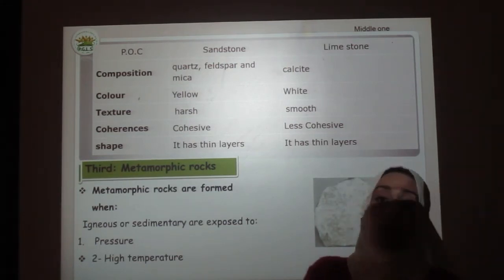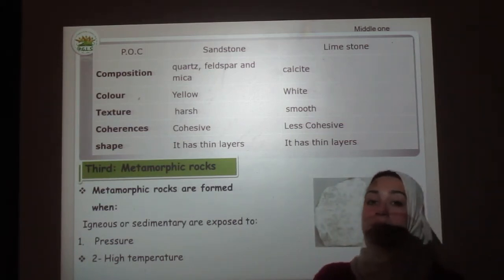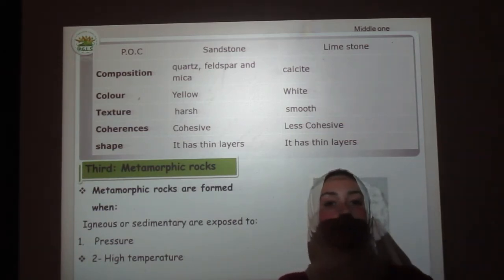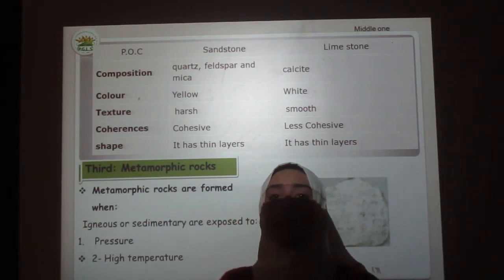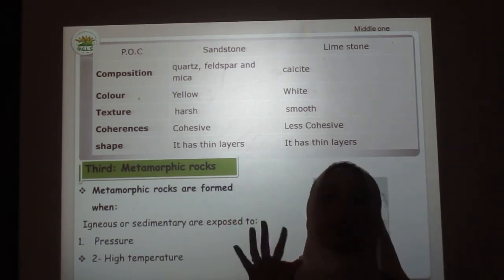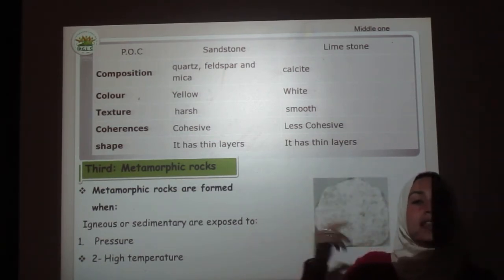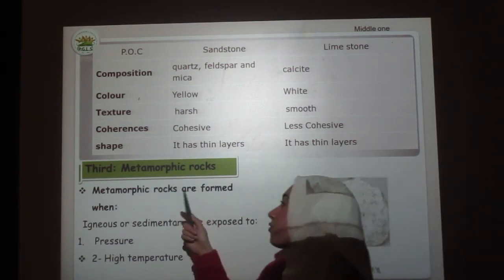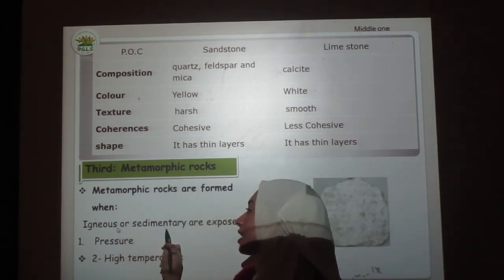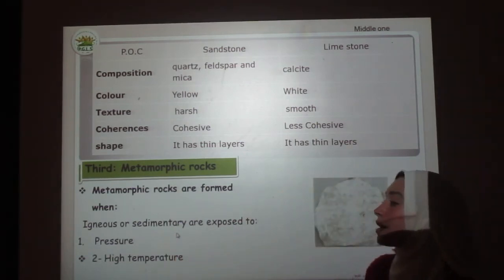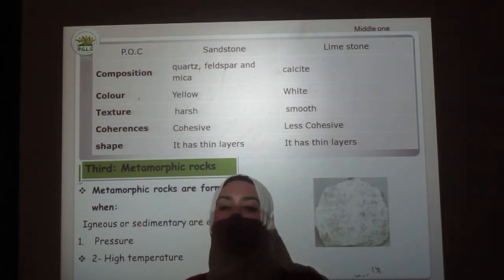Now we finish the second type, which is sedimentary rock. Let's start with the third and last type, metamorphic rocks. Metamorphic rock is considered a midway between sedimentary rocks and igneous rocks. Metamorphic rocks are formed when igneous rocks and sedimentary rocks are exposed to high pressure and high temperature.